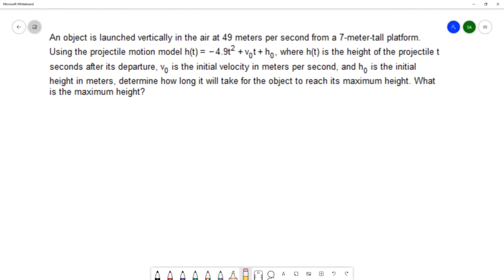For this question, an object is launched vertically in the air at 49 meters per second from a 7-meter tall platform.